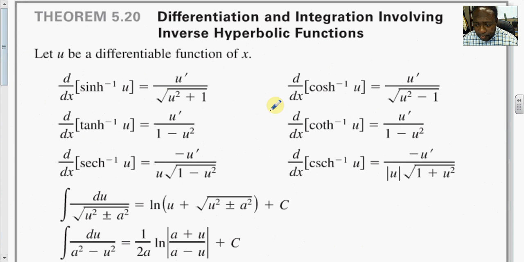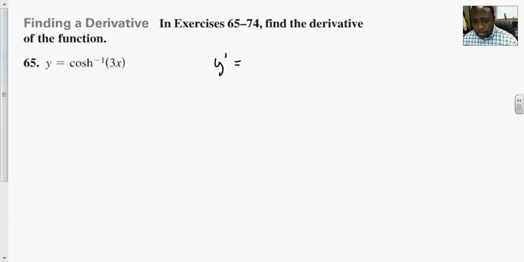So the derivative for the inverse of hyperbolic cosine is u prime divided by the square root of u squared minus 1.